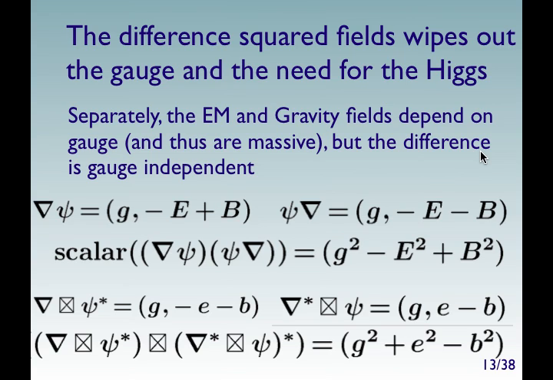So we'll have the E squared fields for electricity, and what I'm speculating is for gravity, and we'll have the B squared field for electromagnetism and the corresponding symmetric B for gravity, but there will be no gauge. And so that's why we don't need no stinking Higgs. Separately, it's gauge dependent, and then when you put it together right, it's gauge independent, so those forces can be mediated by massless particles like the graviton, the photon, and the gluon.